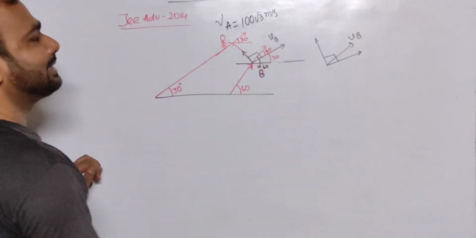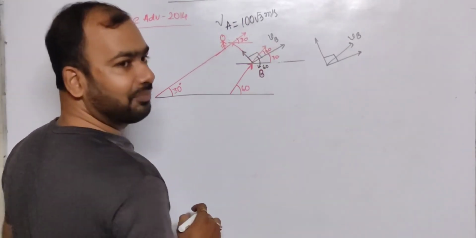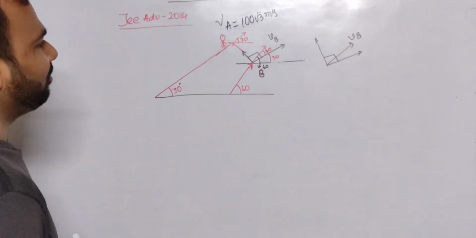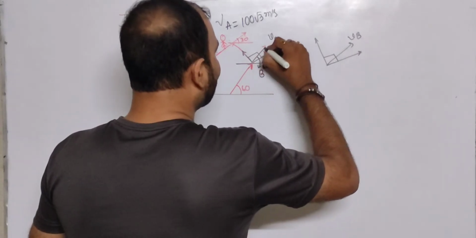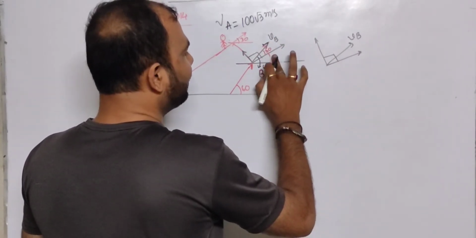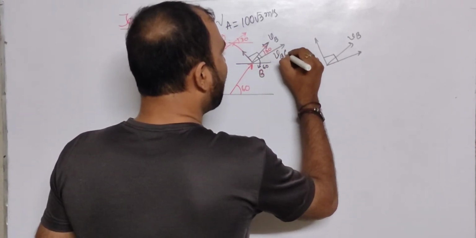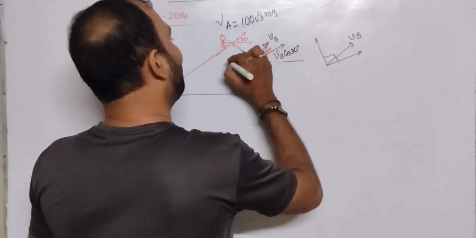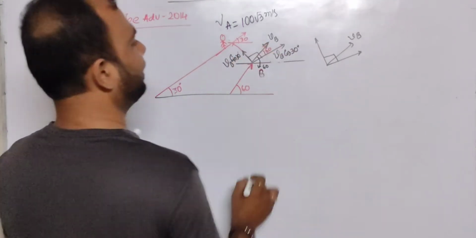The total angle is 60 degree, so it will divide into 30, 30. Very simple. Now we can write the components: VB cos 30 degree and VB sin 30 degree.